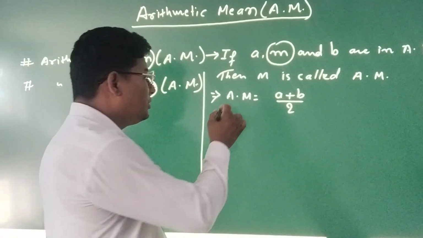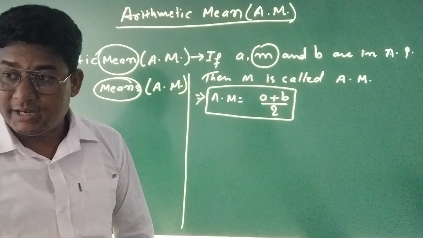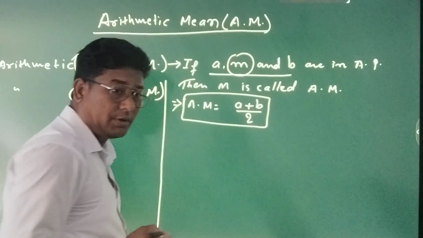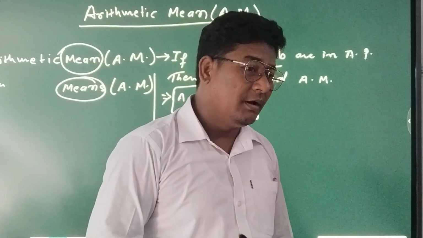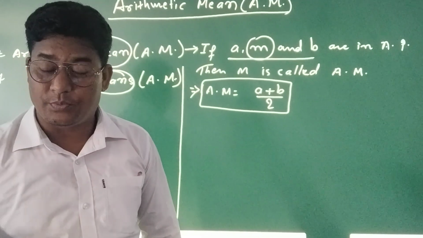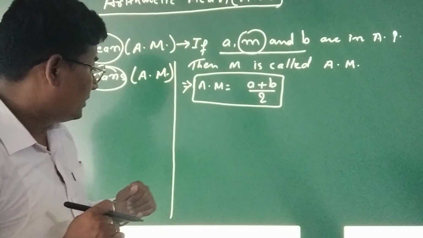How does this formula come about? Let's see here. These three terms are in arithmetic progression, and if they are in arithmetic progression, their common differences are equal.